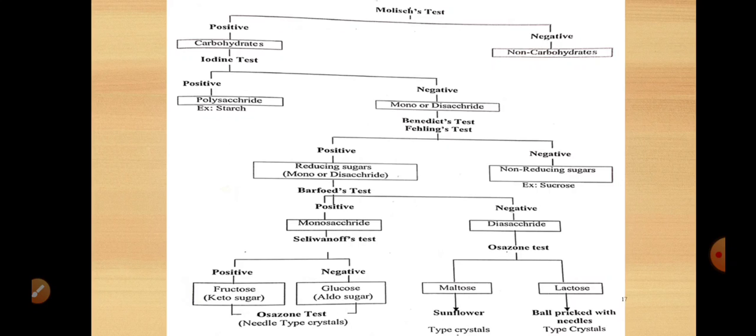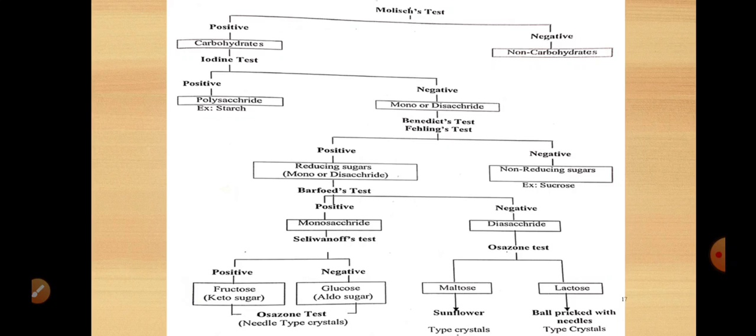If maltose is present, then you can see the yellowish sunflower shaped crystals. If they are seen, that is an indication that maltose is present. And if you see yellowish crystals which look like a ball pricked with a needle, then you can see that lactose is present as a disaccharide in the given sample of carbohydrate.